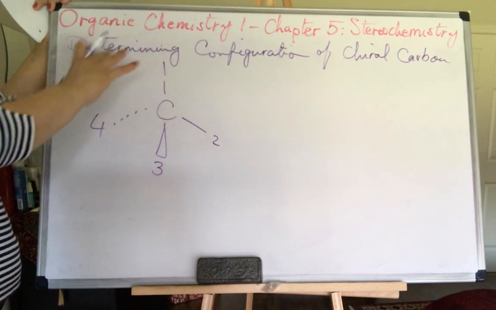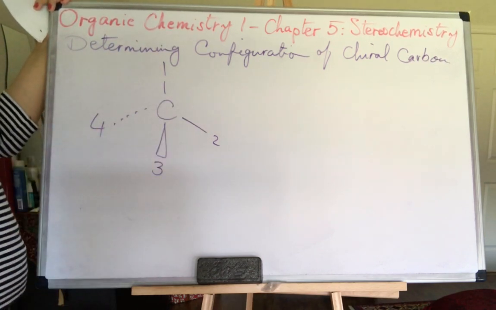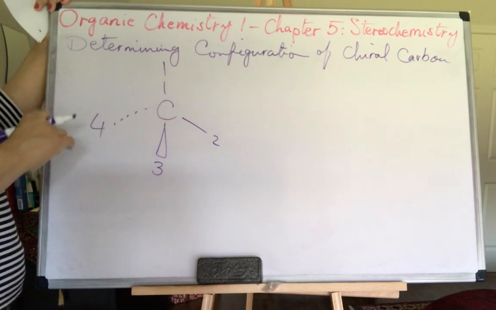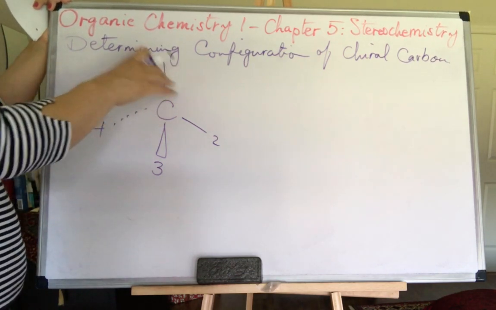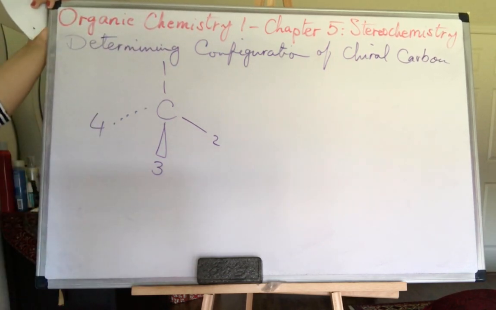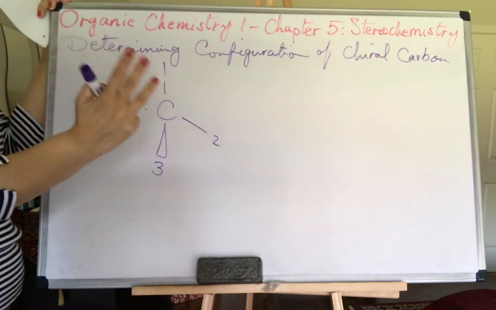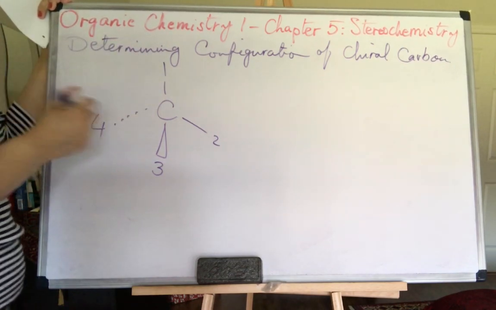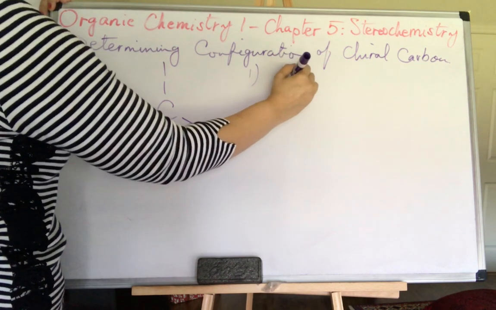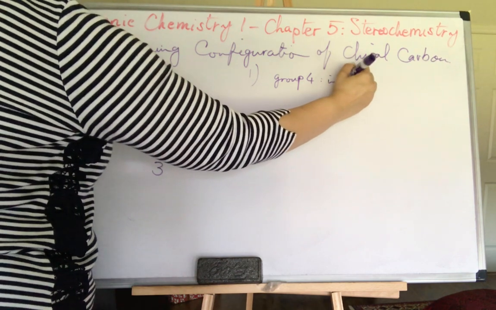So let me talk about this first, and then I will replace these numbers with actual groups and show how to determine which one is group number 1, which one is 2, which one is 3. Then, we have 3 situations. First, if group 4, the least priority group, is in the back.